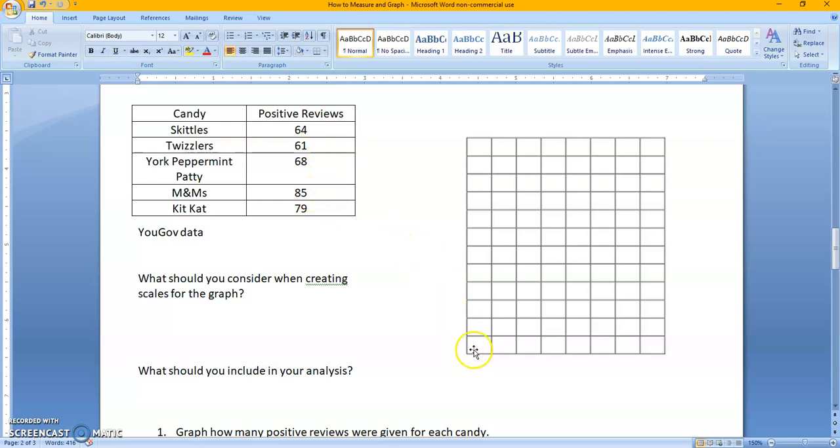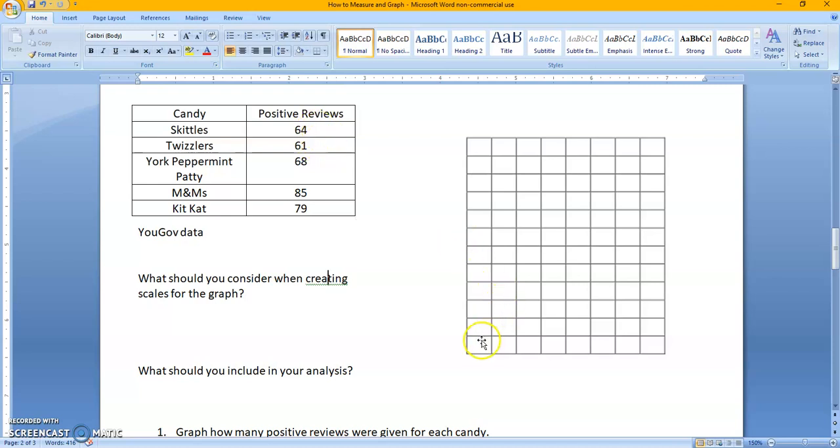If I started at 0 and went up by tens, 0, 10, 20, 30, 40, 50, 60, 70, 80, 90, I would take up most of my graph, but it's not going to show me in as much detail the difference between 61 and 64.